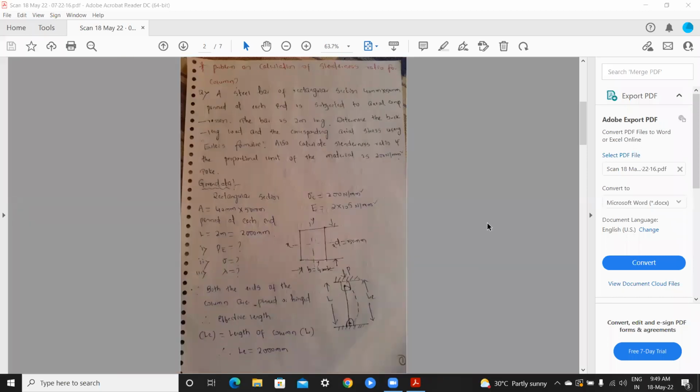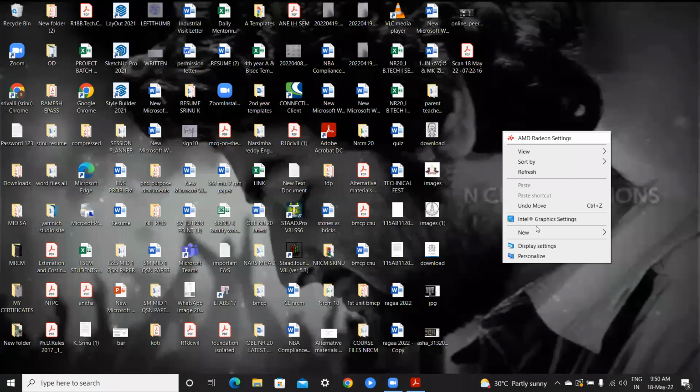So this is the first problem. First I will see a problem on calculation of slenderness ratio for a column. So our question is a steel bar of rectangular section 40 mm into 50 mm. So see here how it will be, 40 mm and, wait.